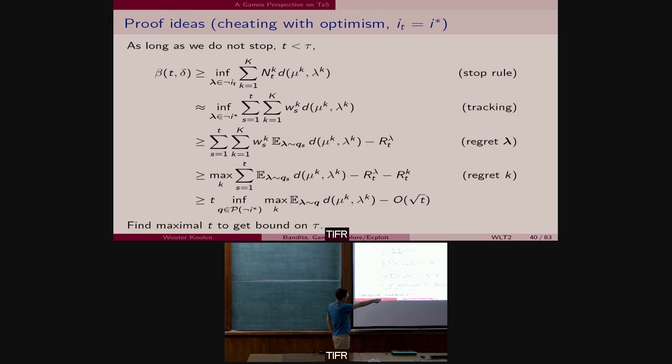Then this is also an expression where the player plays W's, but those W's are designed to have low regret compared to the best single arm. So that allows you to go to the max over K. And then here you still have some sum of weighted stuff, which is in some sense a distribution of the stuff, which you can replace by T times the best distribution of the same stuff. And now this looks like a min-max, but it's actually the flip of the max-min over W and lambda that we saw before.